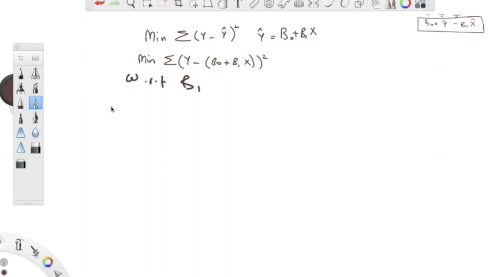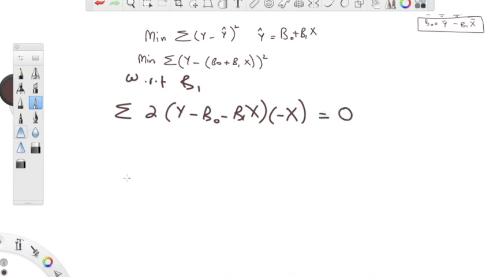You start off by bringing the power down, and this expression remains the same, and then you differentiate the term inside the bracket with respect to beta 1. So you end up with minus x, and you make it equal to 0.